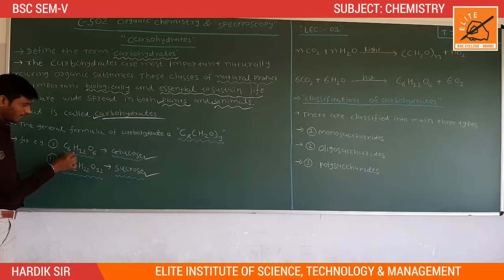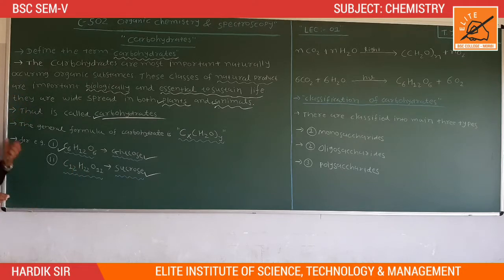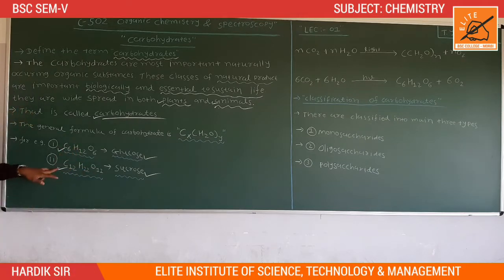C6H12O6 is the formula of glucose, and sucrose means sugar. C12H22O11 is the formula of sucrose.